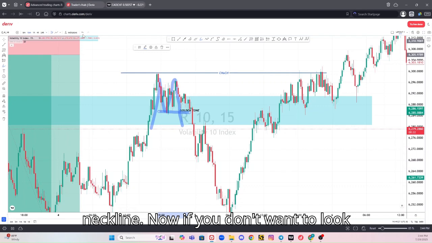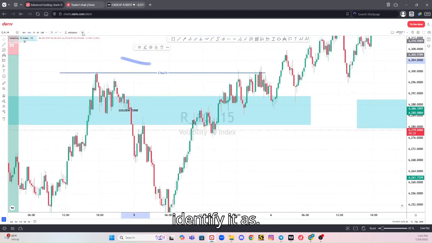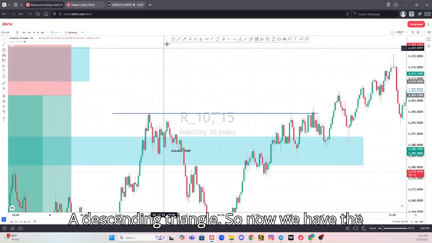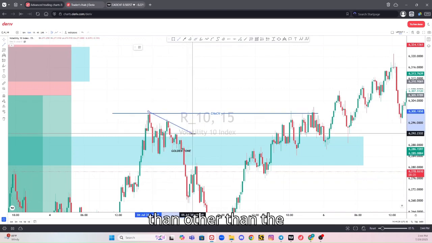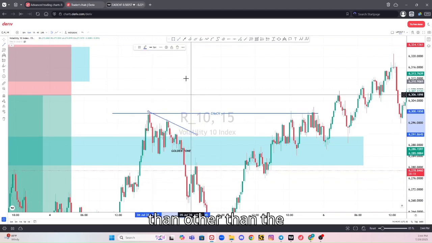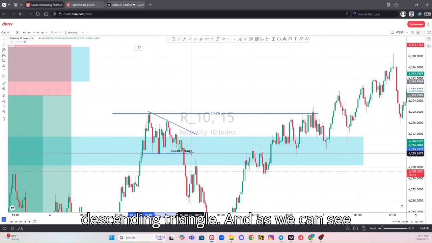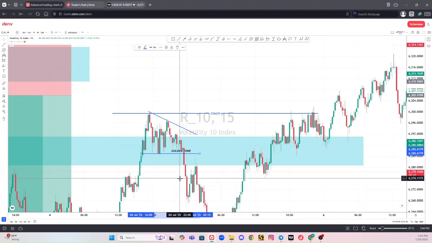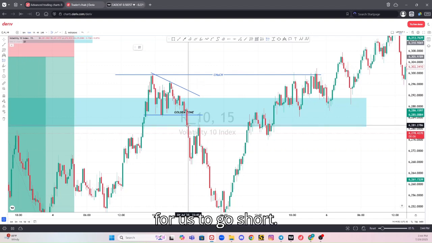Now, if you don't want to look at this as an M pattern, we can identify it as a descending triangle, the correct descending triangle rather than the inverse. And as we can see, price breaks below, and that in itself is an entry for us to go short.